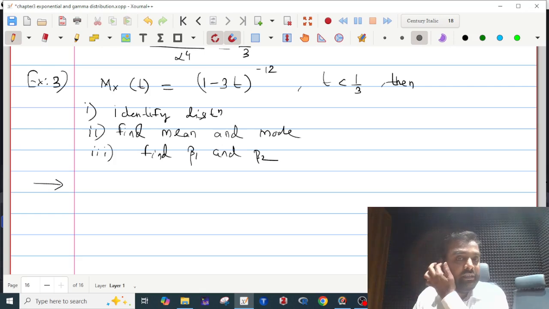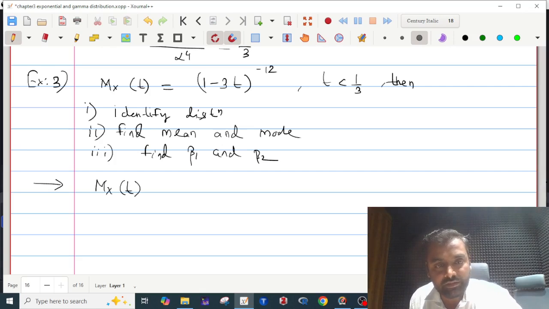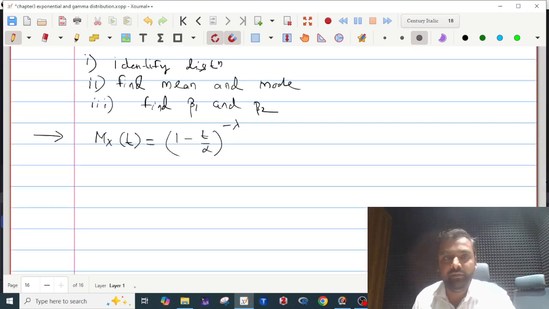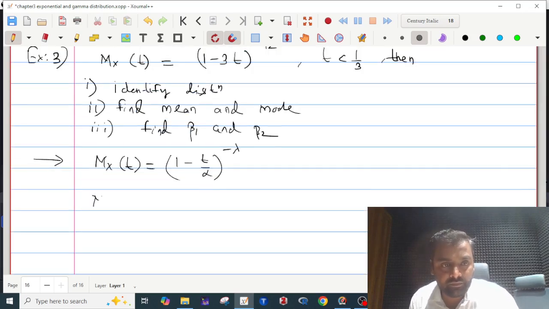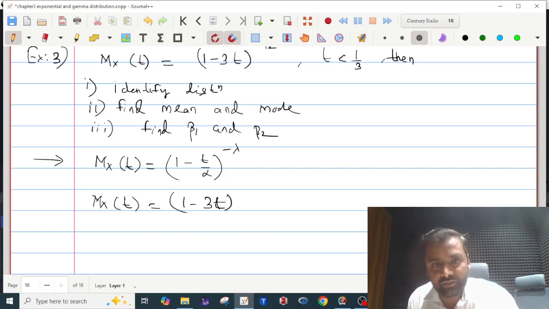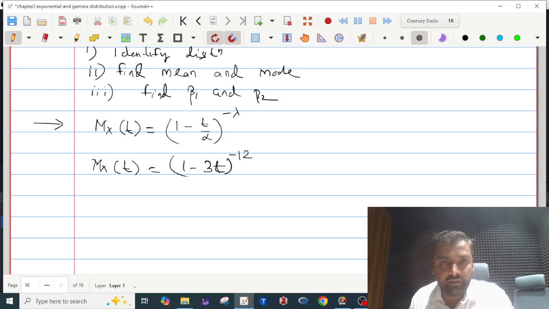So students, you can easily compare this given MGF with the MGF of the gamma distribution, which is 1 minus t upon alpha raised to minus lambda. Here we have 1 minus 3t raised to minus 12. You can convert this into the above form: 1 minus t upon 1 by 3 raised to minus 12.